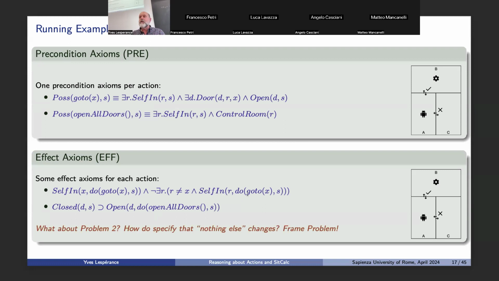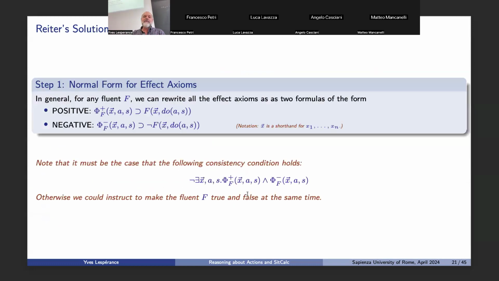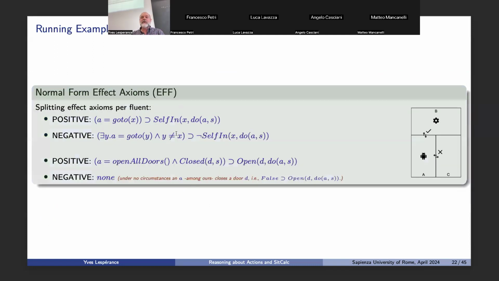Well, when I go to some other room. So now I've written it for fluent self-in. Whenever this condition holds, self-in X becomes true, and whenever this condition holds, self-in becomes false.